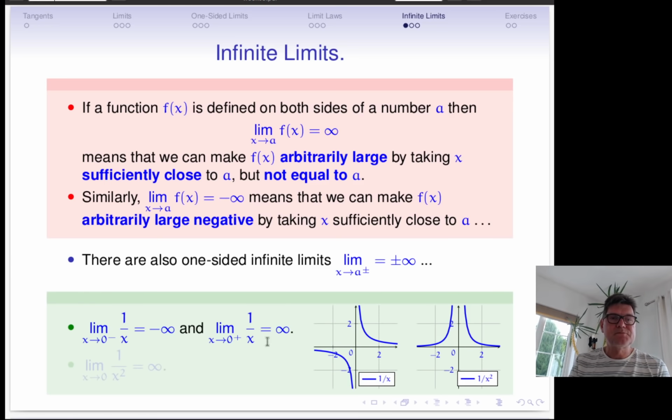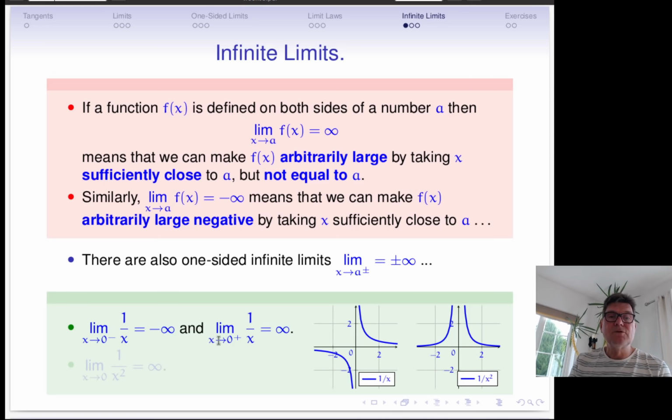The known reciprocal function 1 over x has the property that if x approaches 0 from the left, x goes to 0 minus, then 1 over x becomes larger and larger negative. Here the graph goes off to minus infinity.